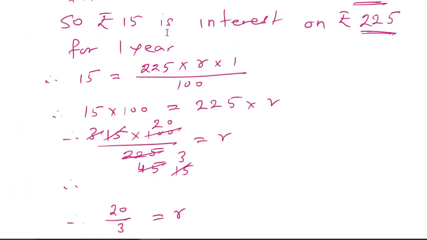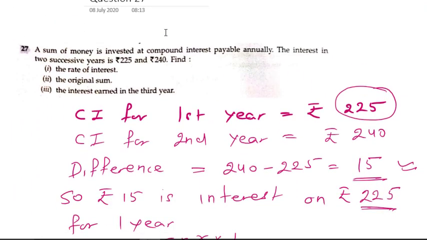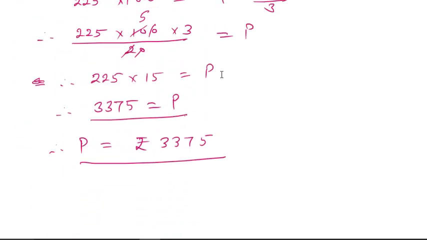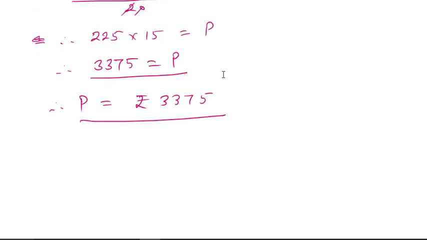Now the third part of the question. The first part we have done, the second part we have done, and now the interest earned in the third year. For that again we can use the simple interest formula. For that we should know the total amount after 2 years, or the amount at the beginning of the third year.